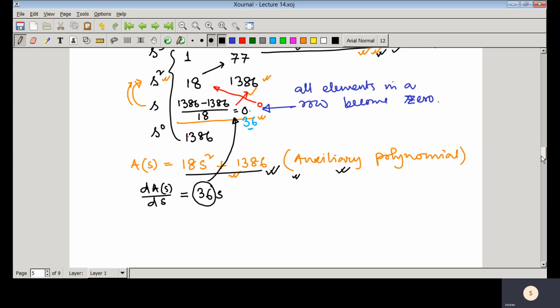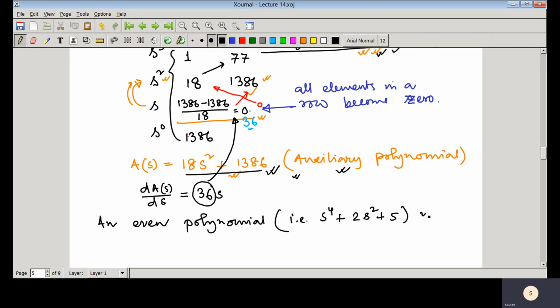We need to consider a particular result, that is an even polynomial. What is called an even polynomial? For example, say s to the power 4, all the terms are with even power. So that means here, say s square plus 5, and here you can see s to the power 0.